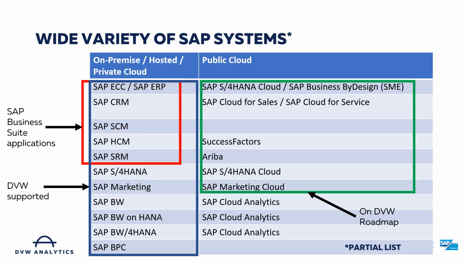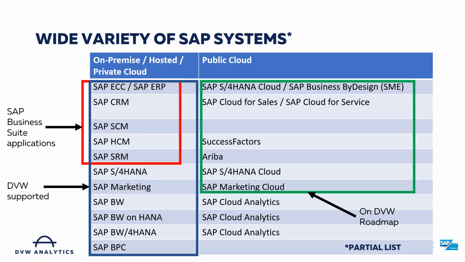In addition to that, there are a number of subsets or similar related integrated products that perform a specific line of business function. So SAP CRM is a traditional on-premise customer relationship management system. SCM relates to supply chain management and includes an application called APO, which is the Advanced Planner Optimization Tool. HCM relates to human capital management, and SRM relates to supplier relationship management.